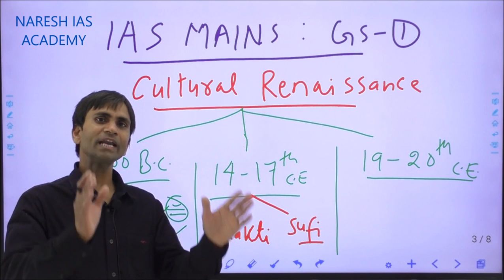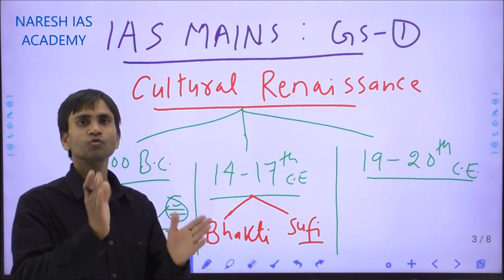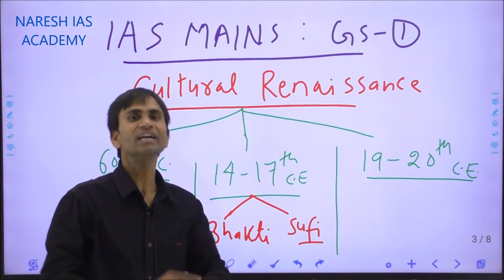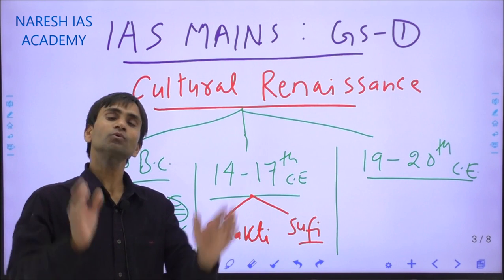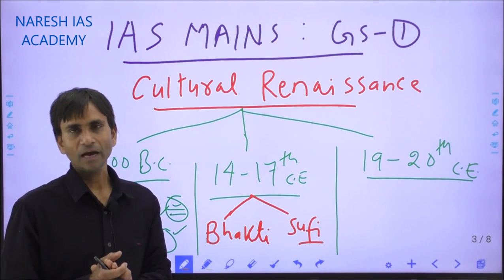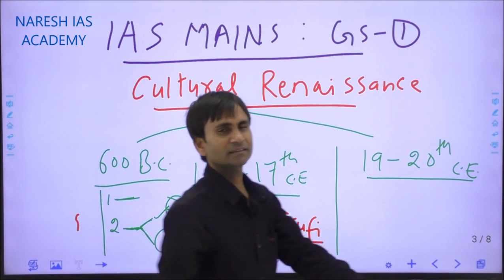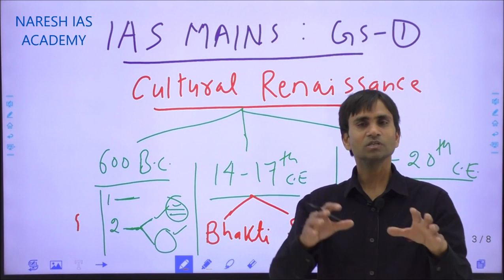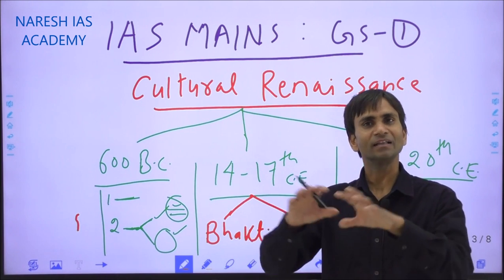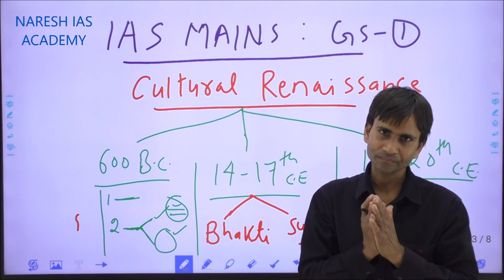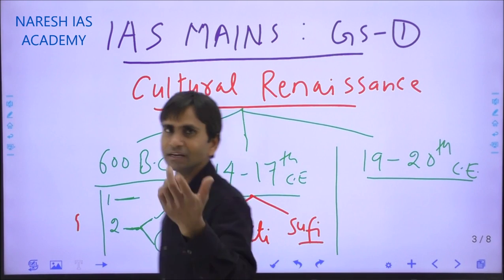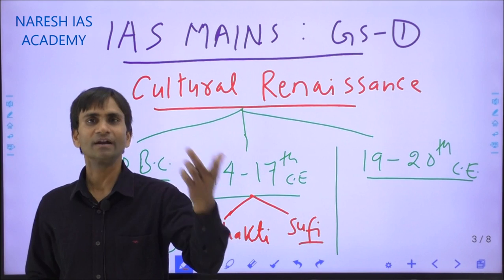There were so many Bhakti saints or Sufi saints, and they were divided into different classes according to their ideology and what they preached at that time in different languages, and this was further written or compiled in some specific texts, and these texts are called Bhakti literature or Sufi literature.